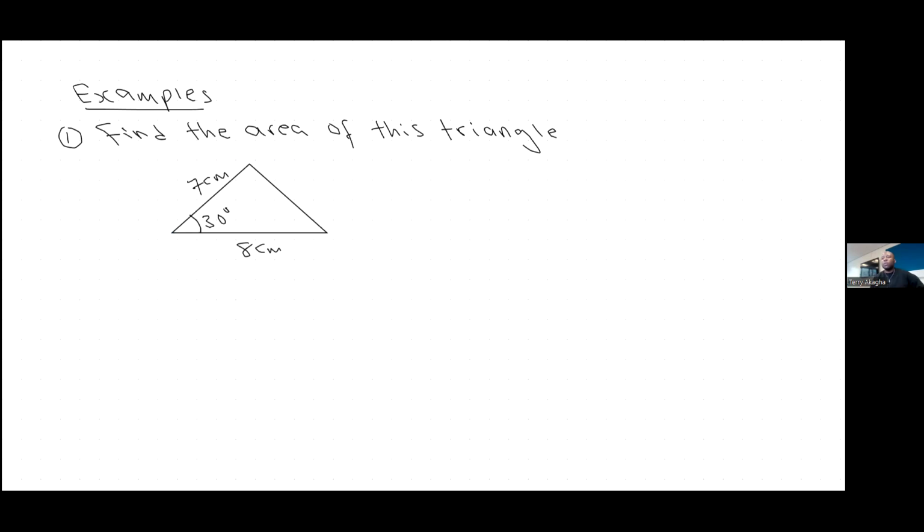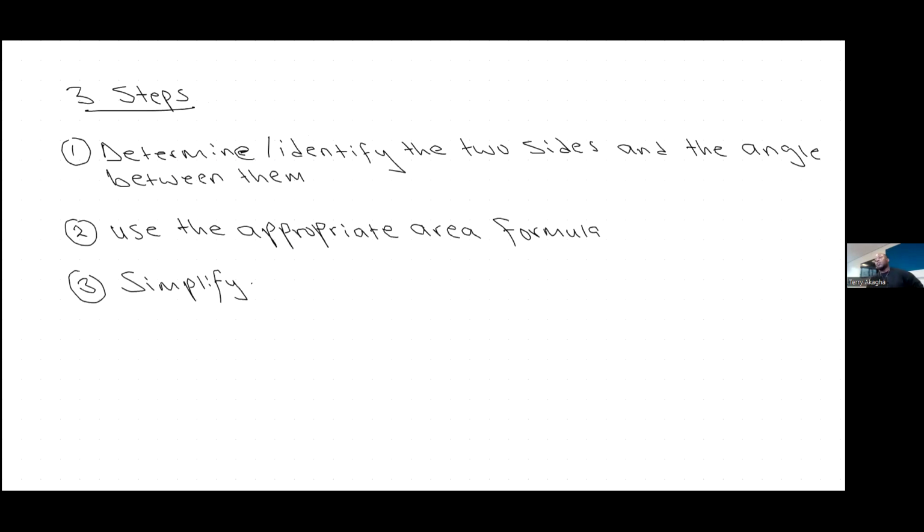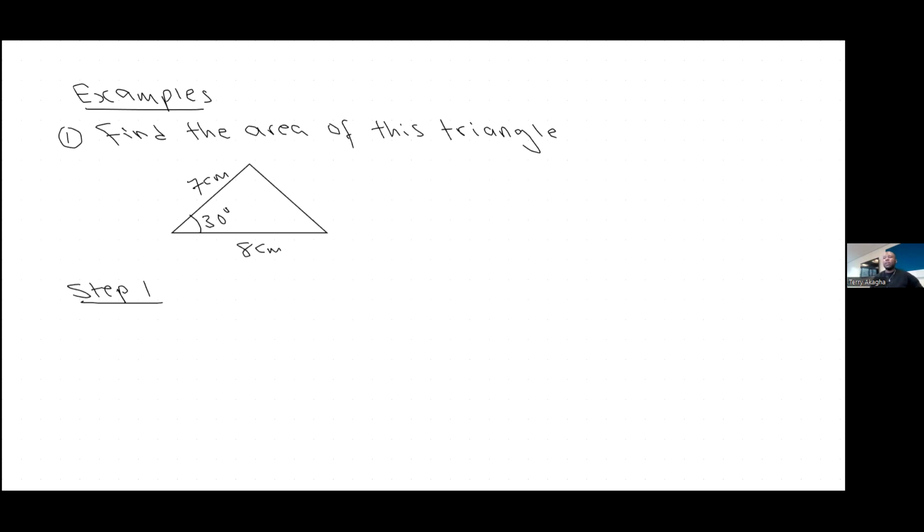So as usual, step 1, we're told to first identify the 2 sides and the angle between them. So let's say the side A is 7 centimeter, then B is 8 centimeter, and the angle between them is capital C, which is 30 degrees.